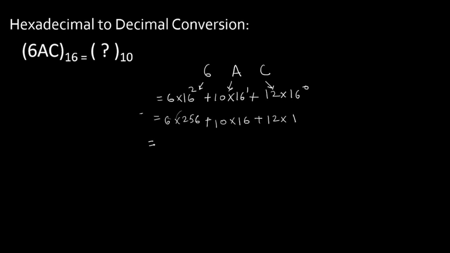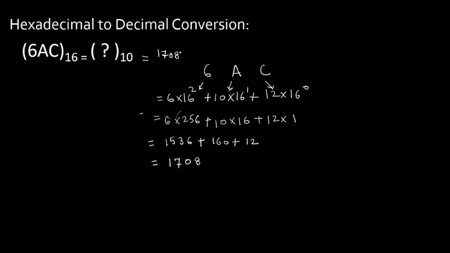So this will be 1536 plus 160 plus 12. When we add these three numbers, we get 1708. So 1708 is the decimal equivalent of the given hexadecimal number.